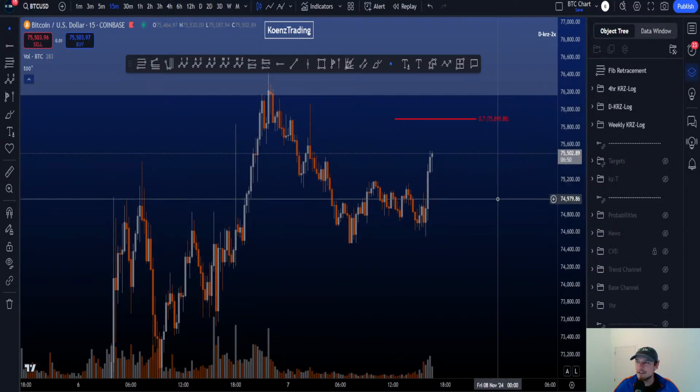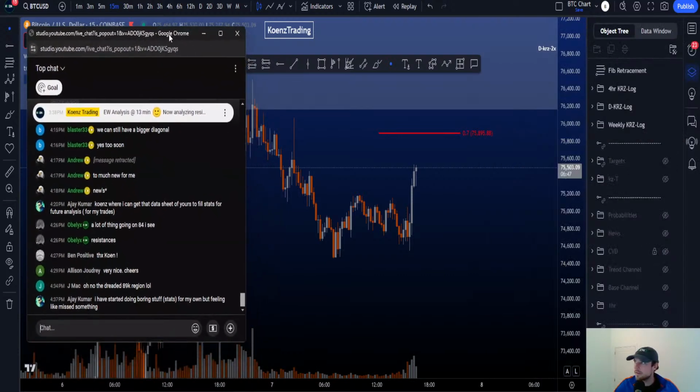What do you mean, AJ? What do you mean with you feel like you missed something? Of course, collecting data goes step by step. What you don't want to do is try to collect everything at once. So, try to collect data on a couple of things at the same time. And then, of course, the more time you have, the more you can collect at once. But find the setups according to your plan. Save them in a folder. And then collect some data of all those setups.